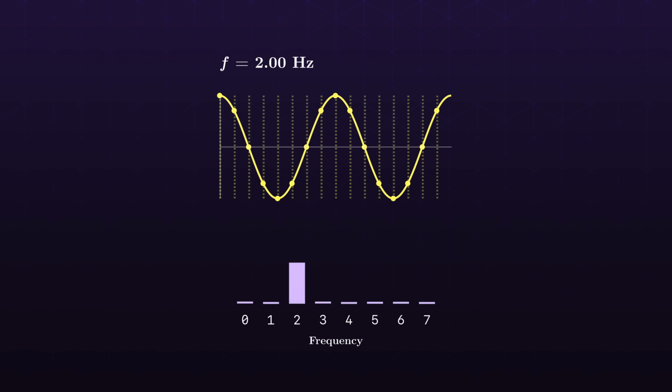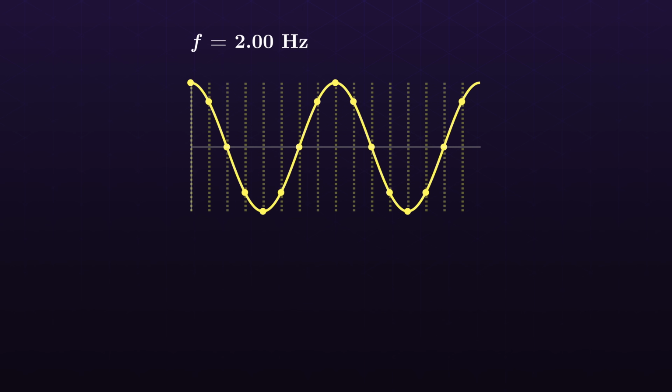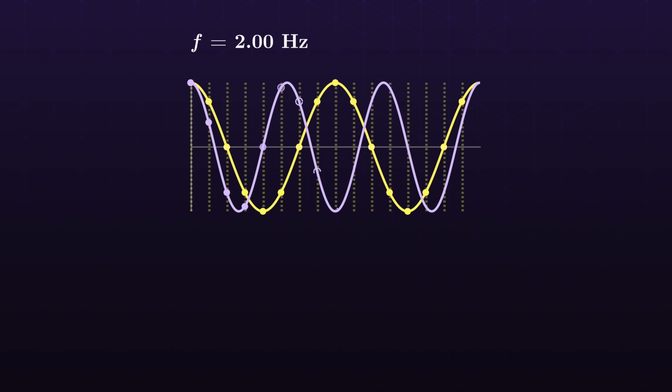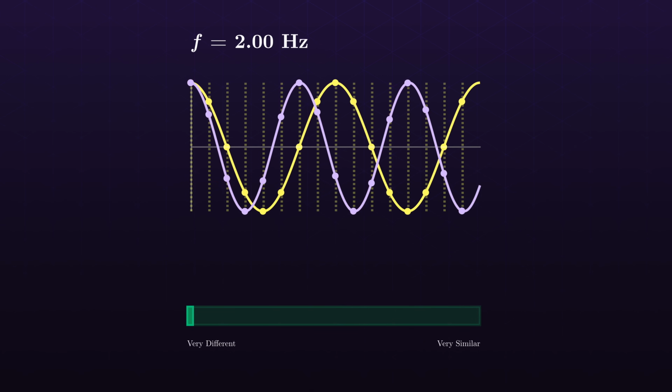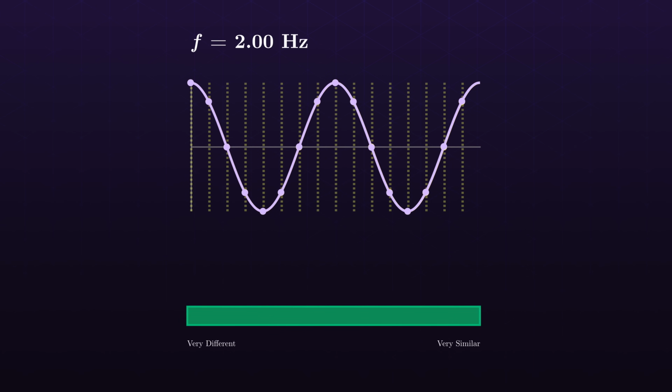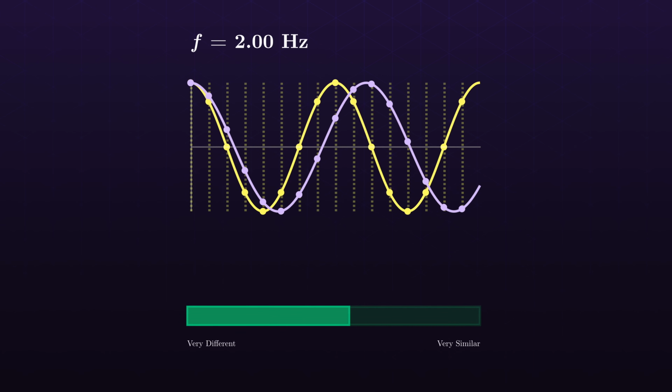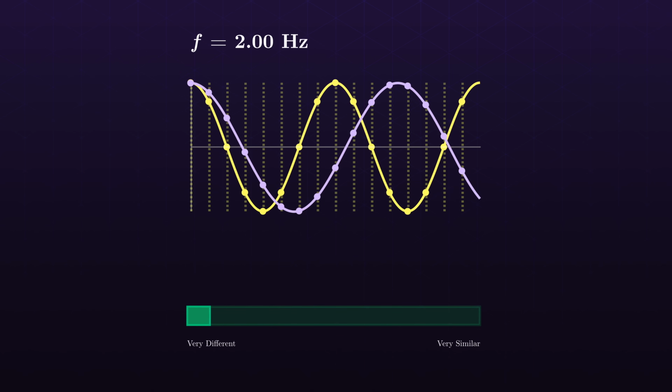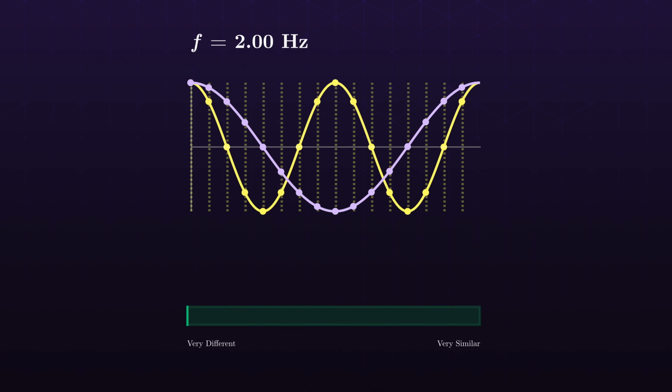So in the context of this simplified example, we're looking for some operation that produces a high value for an input frequency of 2 and zeros for all other frequencies. So what that means is the operation we're looking for is fundamentally a measure of similarity. When the frequencies match, we should get a high similarity score, but when they have different frequencies, we ideally want our score of similarity to be 0.